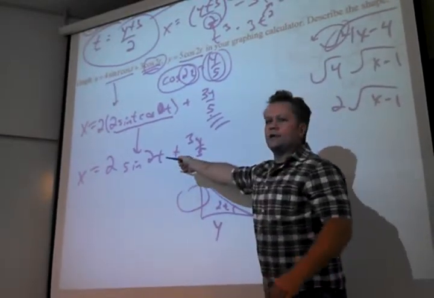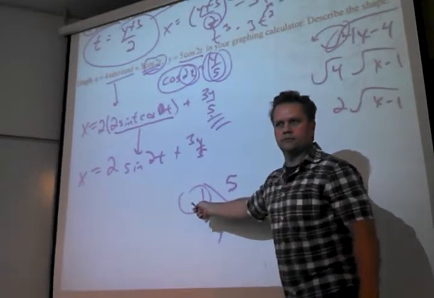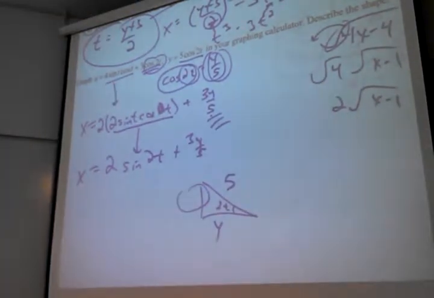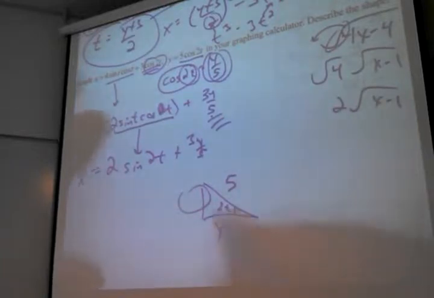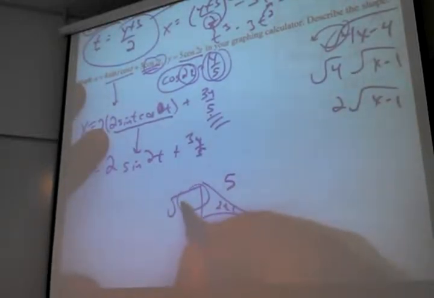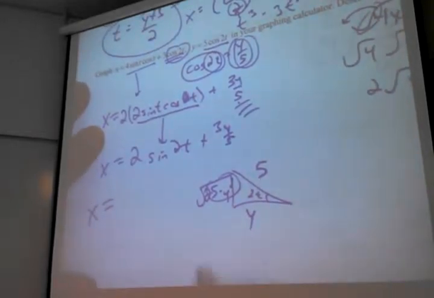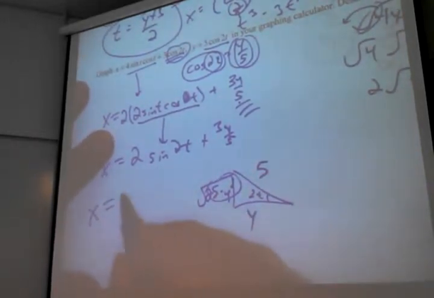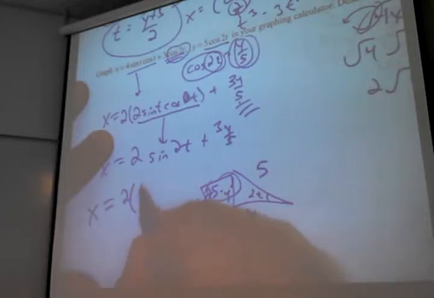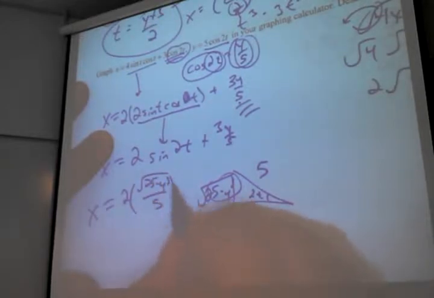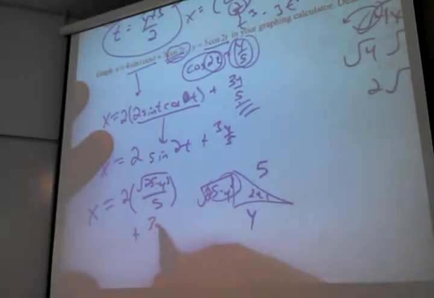So I want to figure out what sine of 2t is; I have to figure out that side. It's the square root of 5 squared minus y squared, so the square root of 25 minus y squared. So x equals twice the square root of 25 minus y squared, over 5, plus 3y over 5.